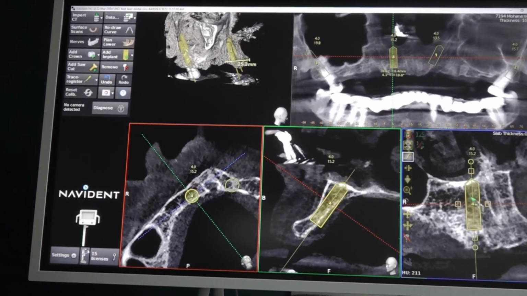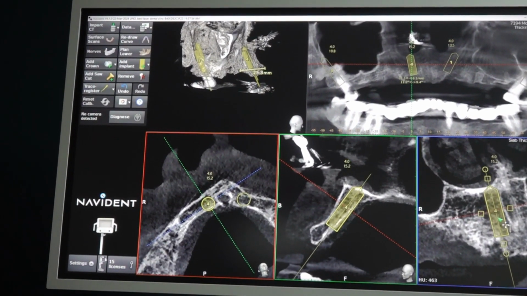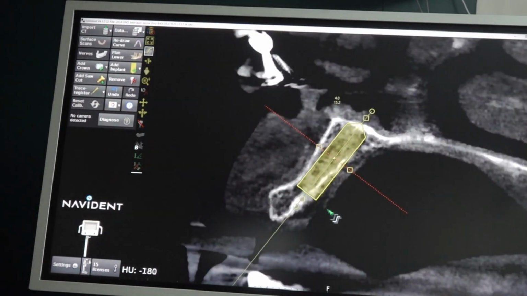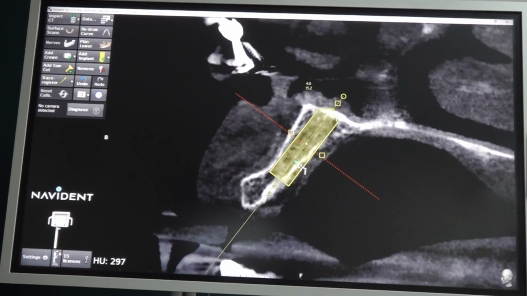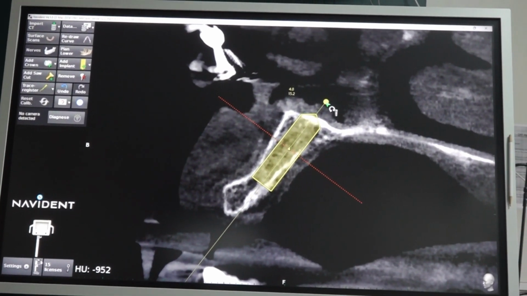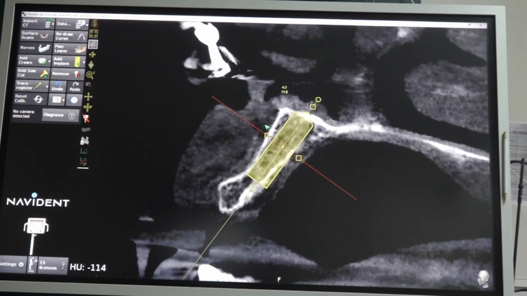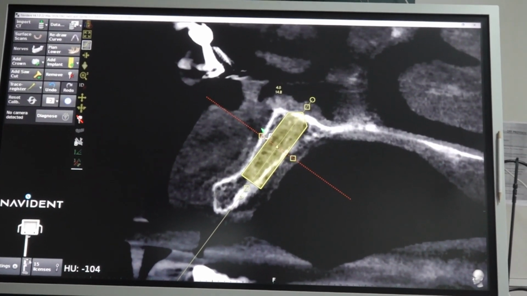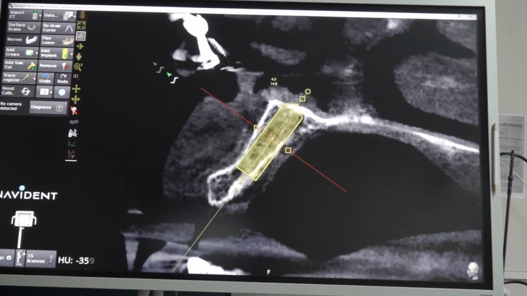So what we are going to do is move it a little closer to the 1-1 area. The closer you go to 1-1, the concavity becomes less, right? So in this situation, it is better to plan the implant close to the canal. The more you are away from the canal, entering the lateral incisor zone, you are entering the labial concavity area.